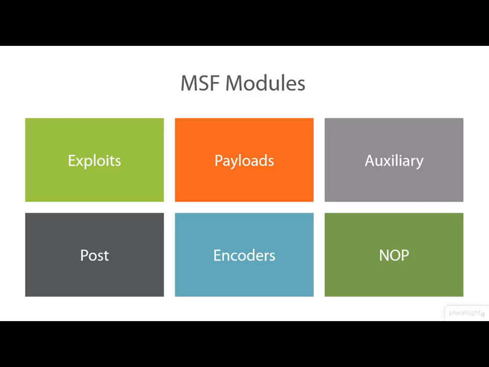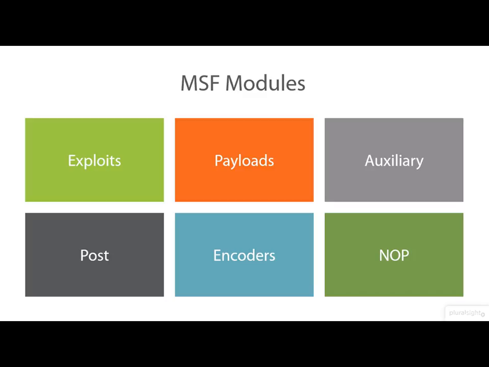Auxiliary modules do not establish or directly support access between the tester and the target system. Instead, they perform related functions such as scanning, fuzzing, or sniffing that support the exploitation phase. Following a successful attack, the post modules run on compromised targets to gather useful data and pivot the attacker deeper into the target network.